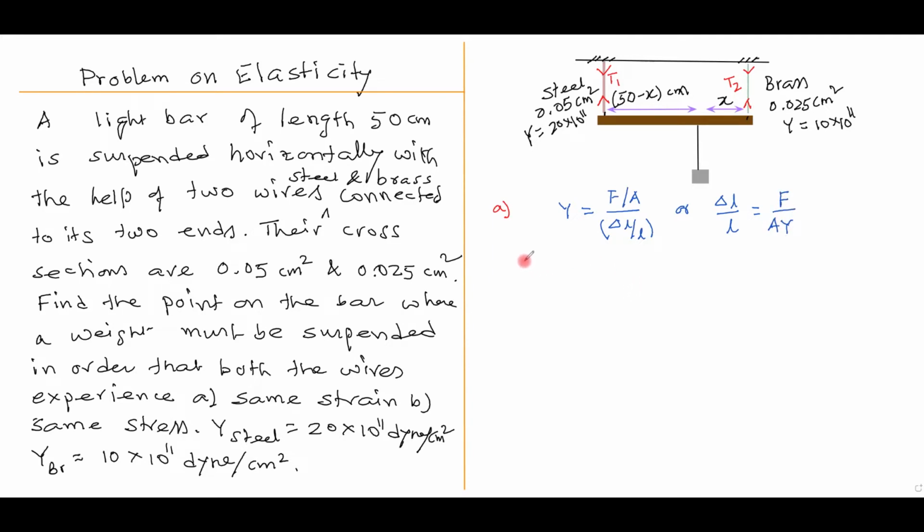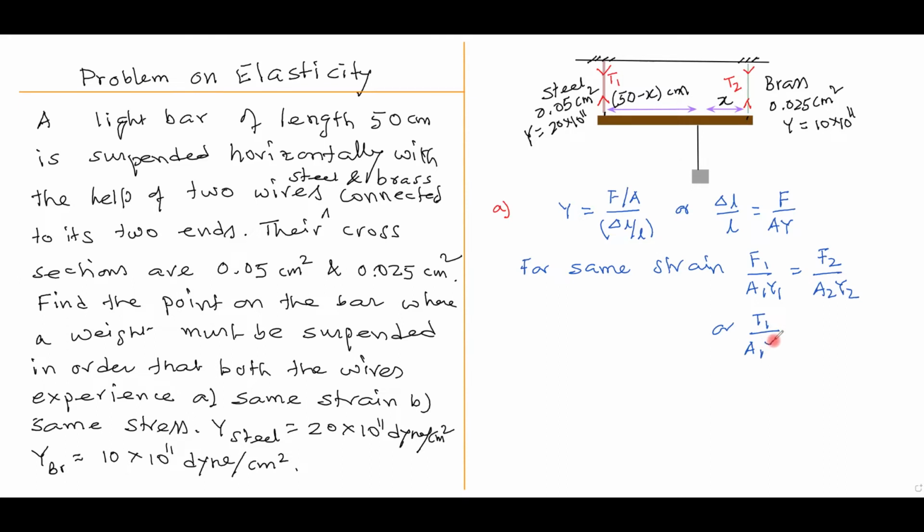For same strain, if F1 by A1 Y1 equal to F2 by A2 Y2. Okay, or F1 will be replaced by T1.